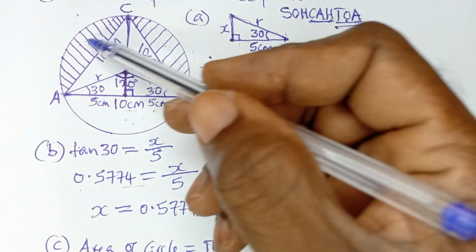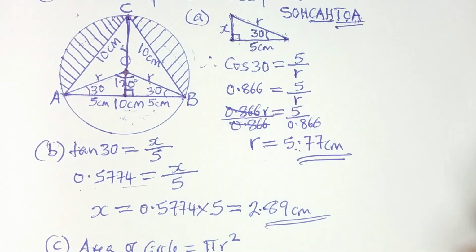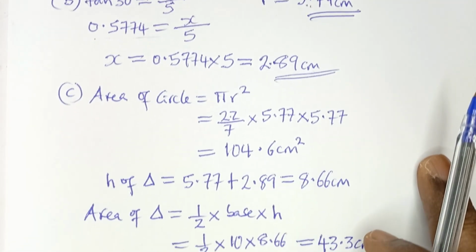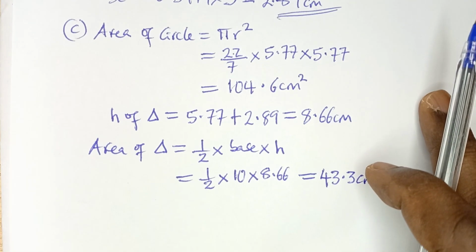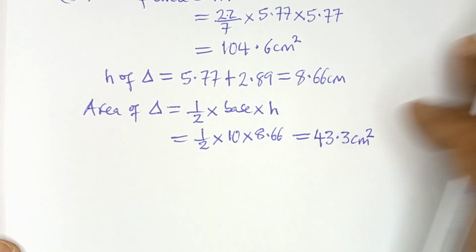The three portions are equal since it is an equilateral triangle.